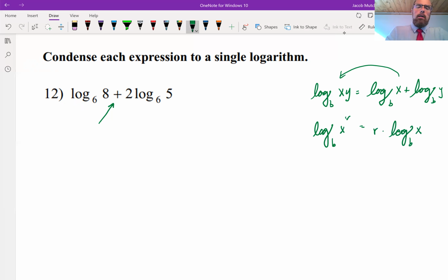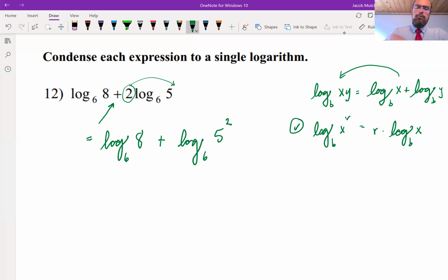So I'll not skip this step for this one. We're not going to change that first expression at all yet, log base 6 of 8. But what I want to do is I want to replace this 2 as a power. So I'm going to write this as log base 6 of 5 to the power of 2. And so that's applying this second property.